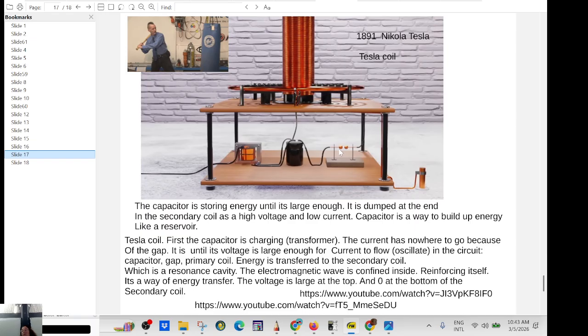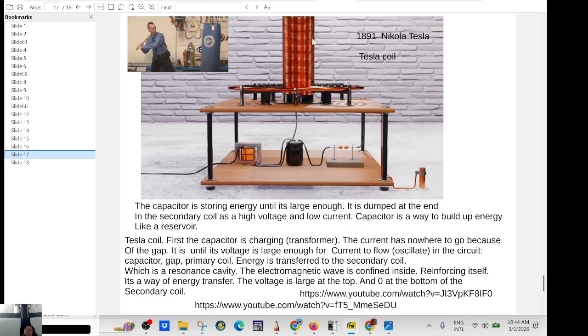Then the current will make it through the gap, and then you have oscillation in that circuit, and you step up the voltage with a Tesla coil to a very, very high voltage. So this is called resonance because you have oscillation in the circuit, but those oscillations you make go higher and higher and higher. So higher voltage, higher voltage, higher voltage.